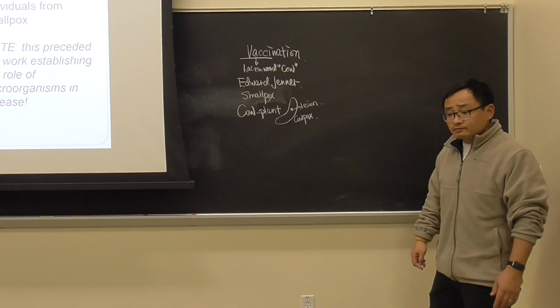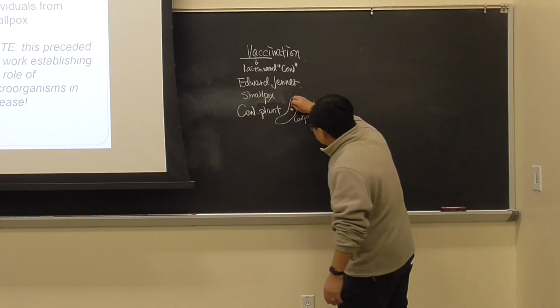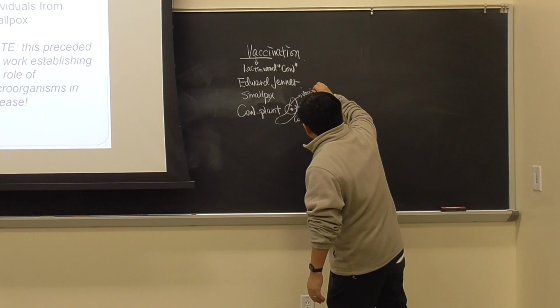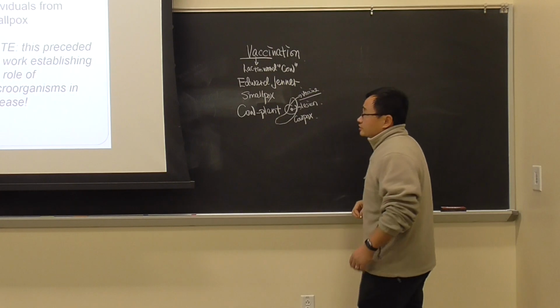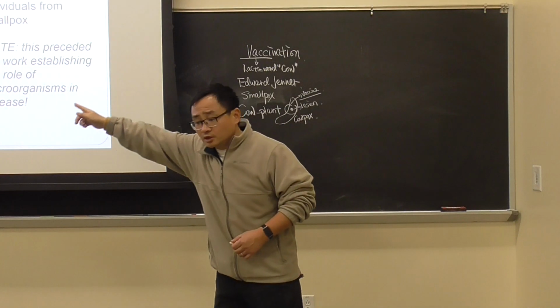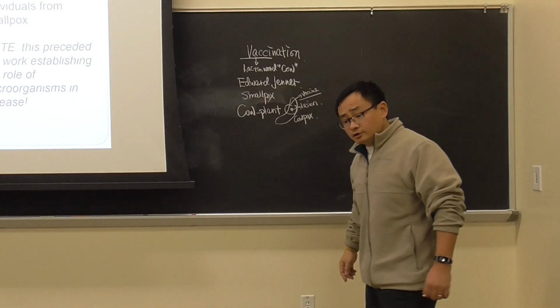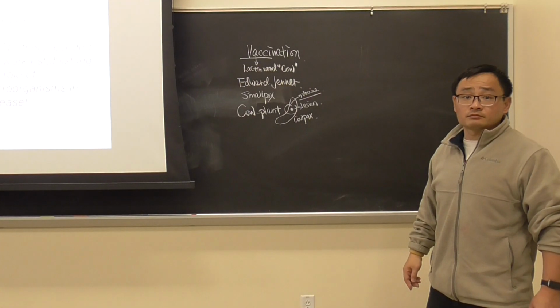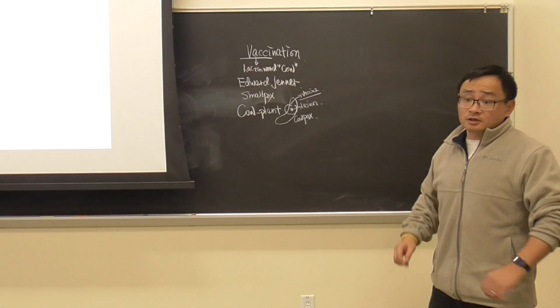So what he did, he took the lesion section and generated some of the vaccine, and this vaccine was used to inject a boy in the royal community of Great Britain. Yes? Were the lesions just like the scabs from the smallpox? Oh yes.